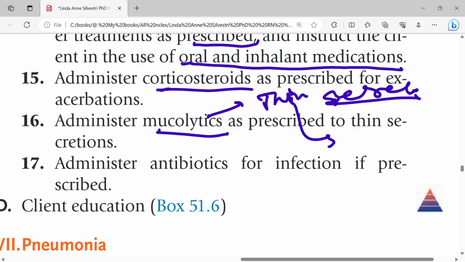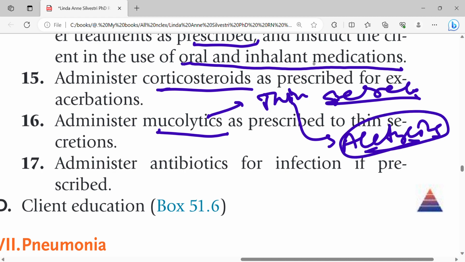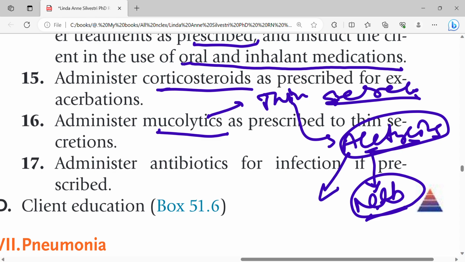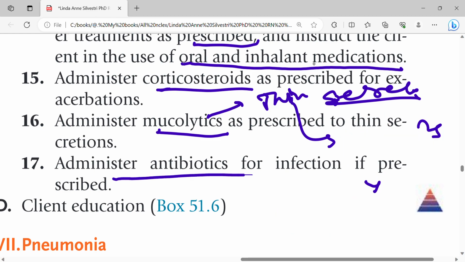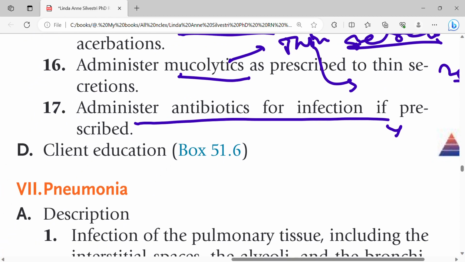Acetylcysteine we use for nebulization, and it is also an antidote for paracetamol. Administer antibiotics for infection if prescribed.